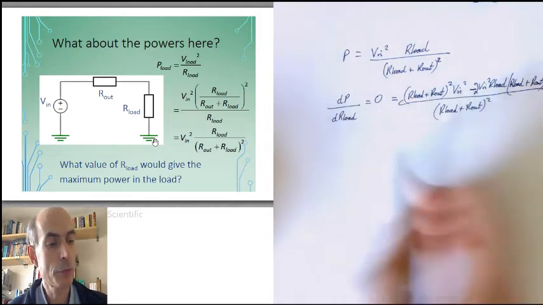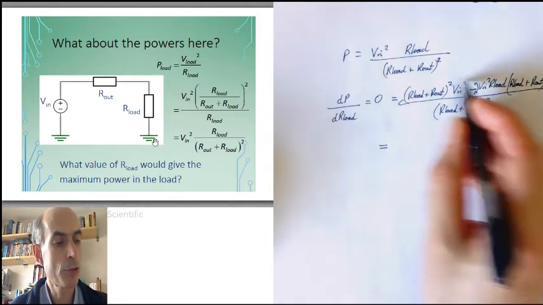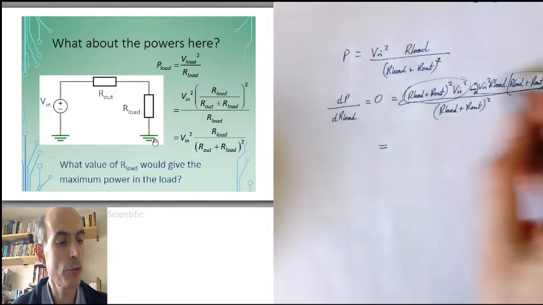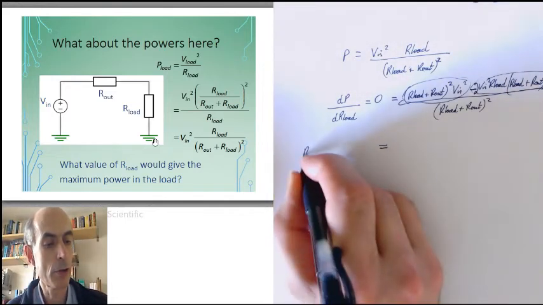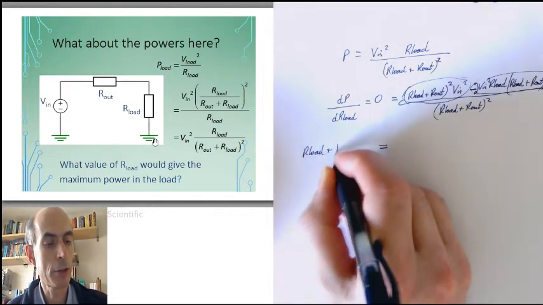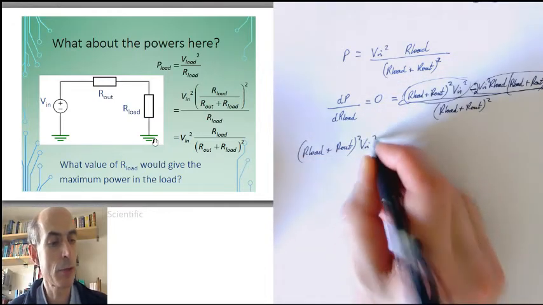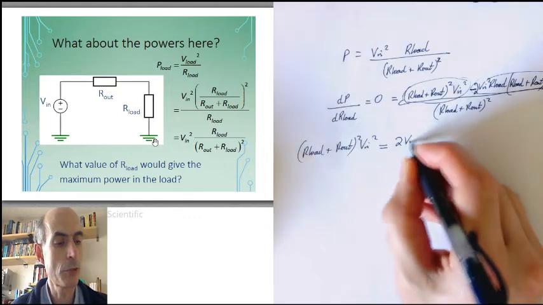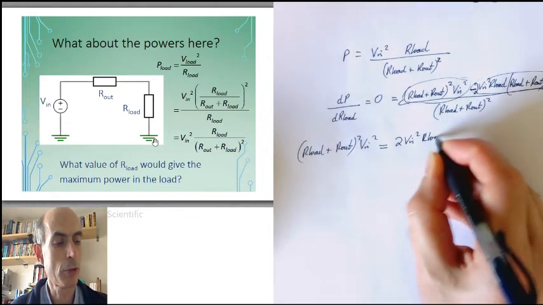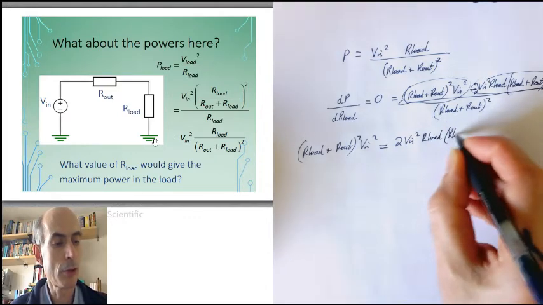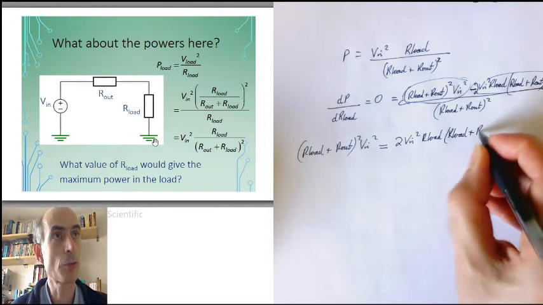If all that has to be equal to 0, then this has to be equal to this, which would give us that R load plus R out squared times Vin squared must be 2 times Vin squared times R load plus R out.